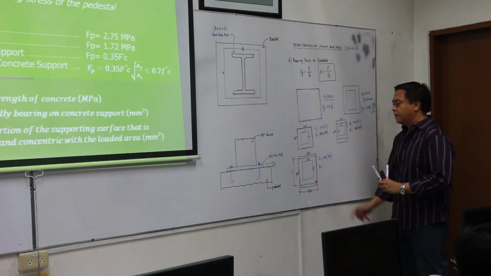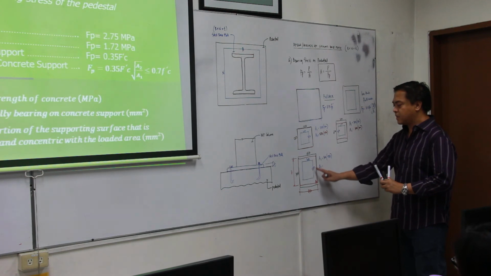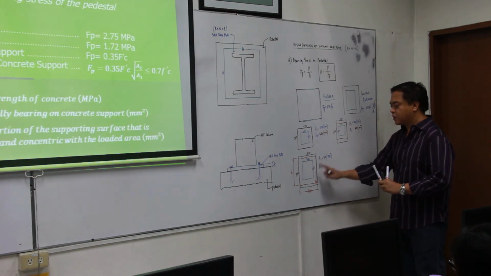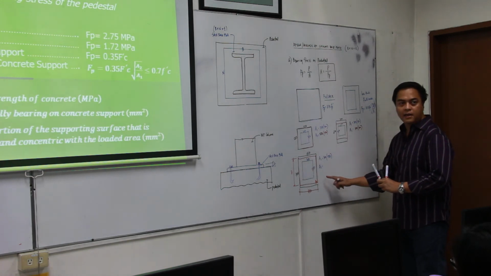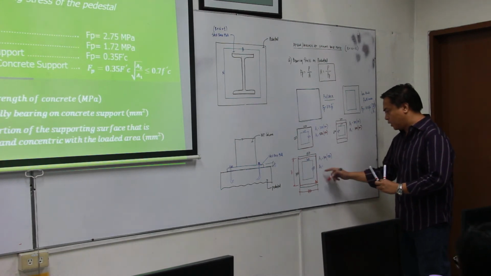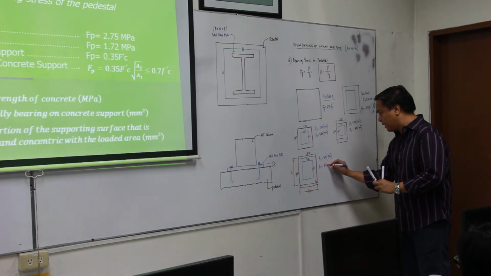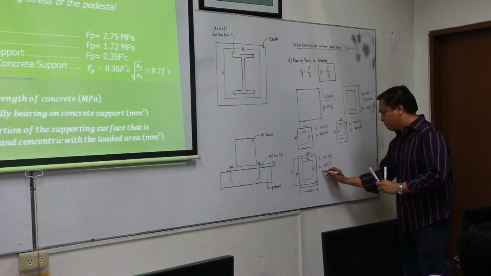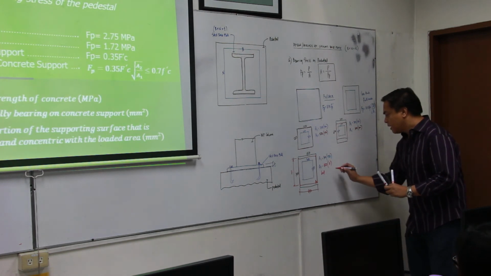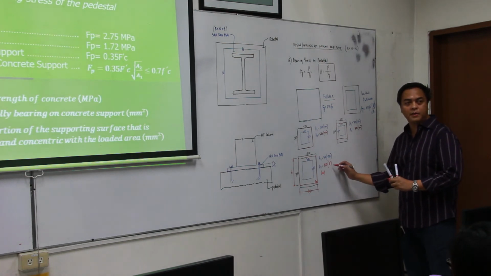The blue rectangle, which is the area of the base plate, should be geometrically similar to the area on the red rectangle. So basically, A2 would be 450 times Z. But what is Z? By ratio and proportion, they have to be geometrically similar.